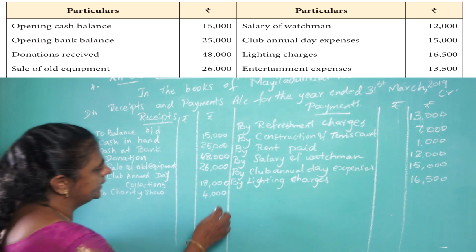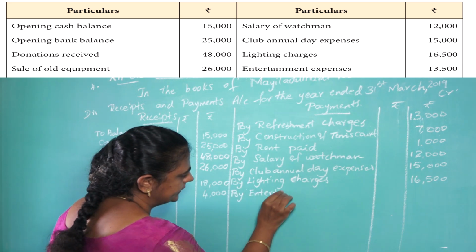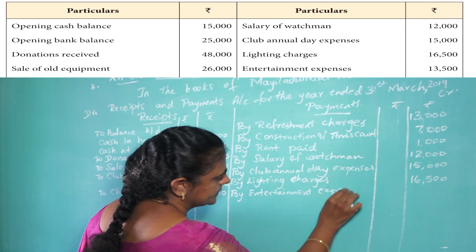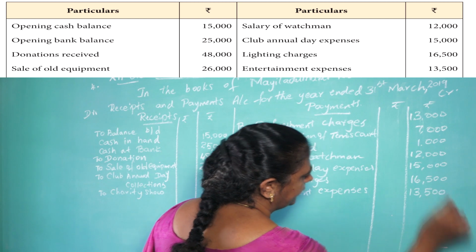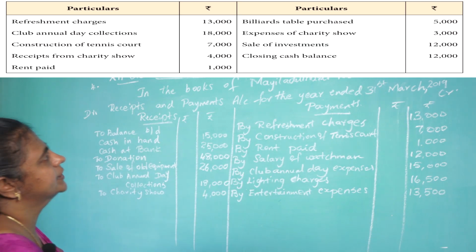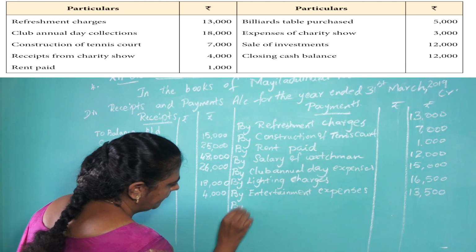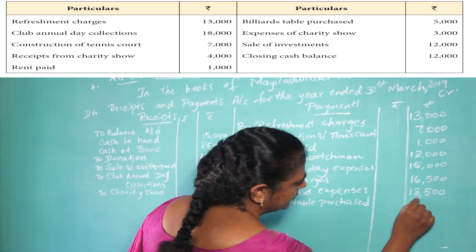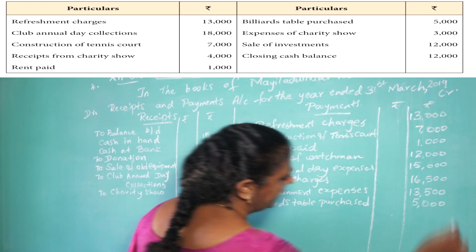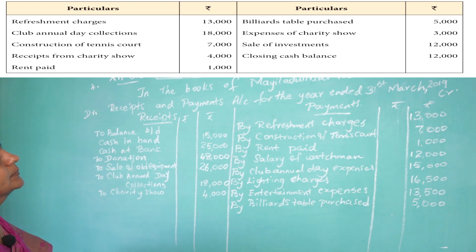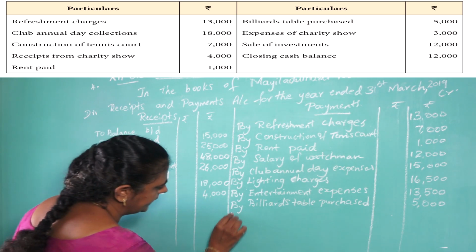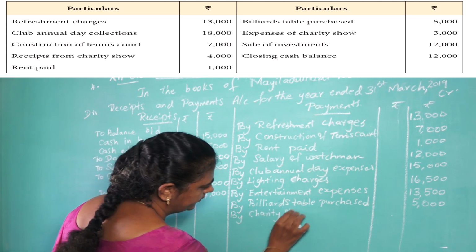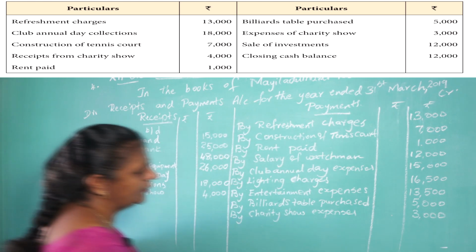Entertainment expenses 13,500, by entertainment expenses 13,500. Billiards table purchased 5,000, it's a purchase, so it's a payment. Expenses of charity show 3,000, again an expense, by charity show 3,000. Again you have to pay for it.